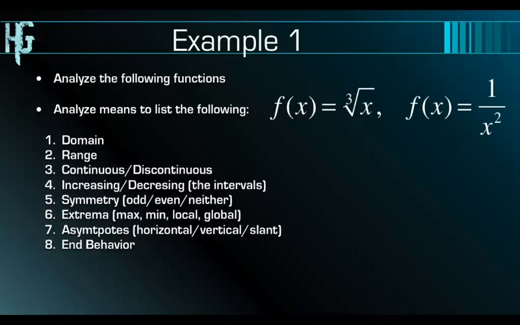What does the local and global mean? If you had something like a quartic equation that looks like this, like a fourth power, you have 3 different extreme points. You have a minimum that's a local relative minimum and an absolute minimum.